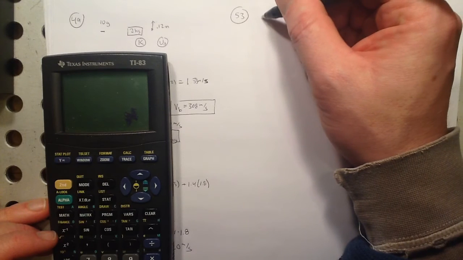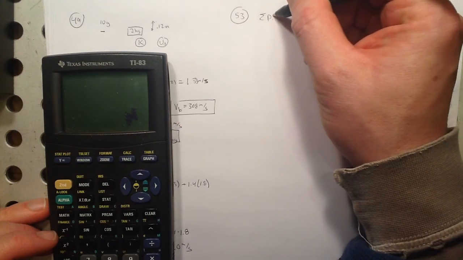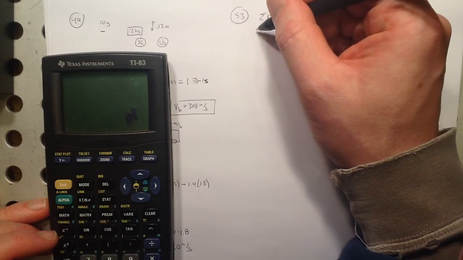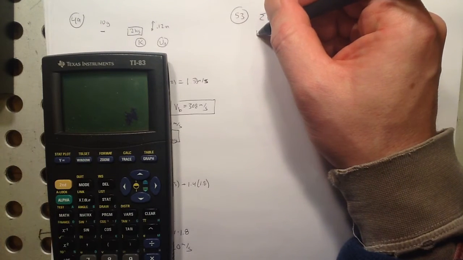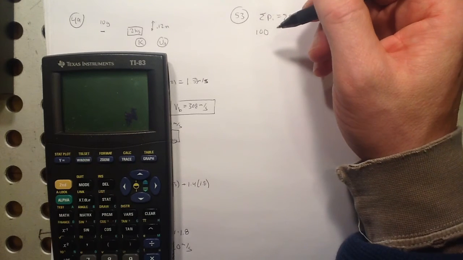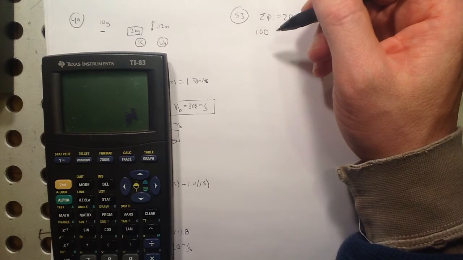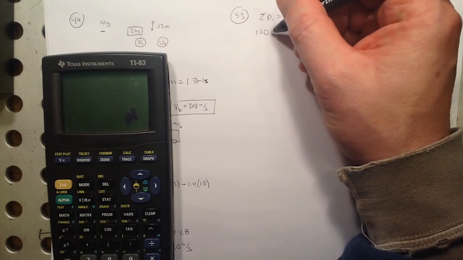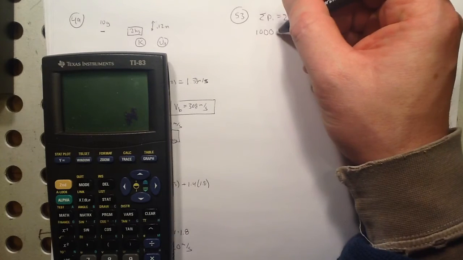So that means I have total momentum before equals total momentum after. Total momentum before is a car that is going, I don't know how fast. They don't tell me that.